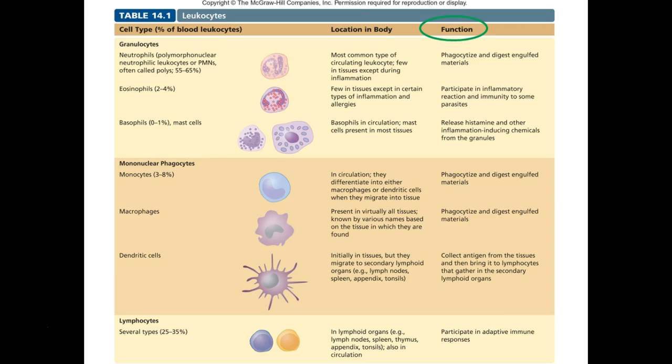So the next thing that we're going to look at, which is actually going to bring me to my next PowerPoint, is we're going to dive more into the individual cells and their functions, their jobs. What do they do? How do they help us out? So this is a pretty good table that's in your book that summarizes, right? It's not complete. It summarizes the major functions of the major groupings of cells.